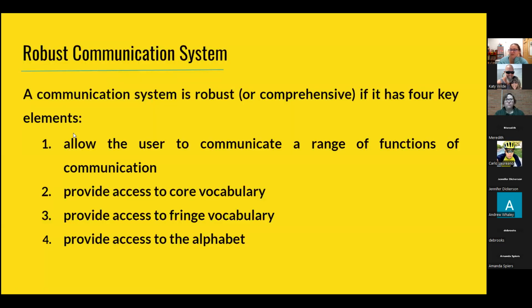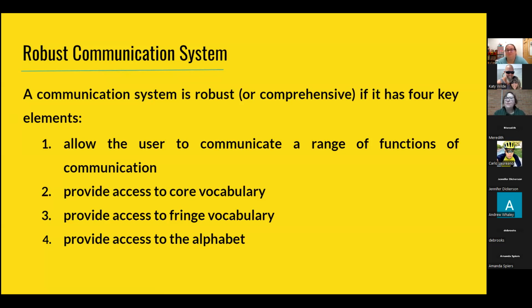They are critical to our AAC systems. And this is one of the reasons why we want children to have a robust communication system.